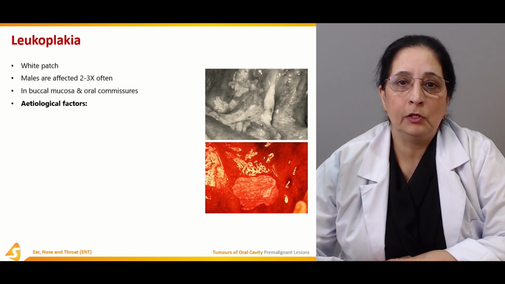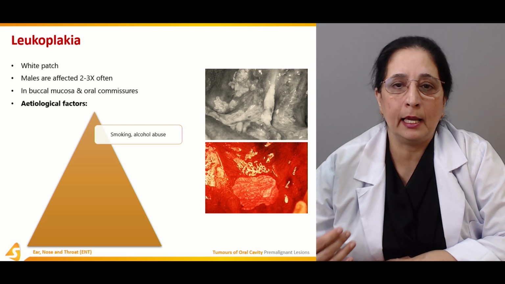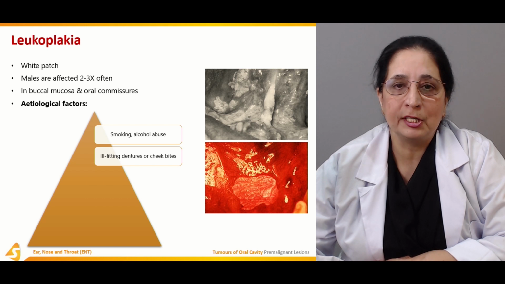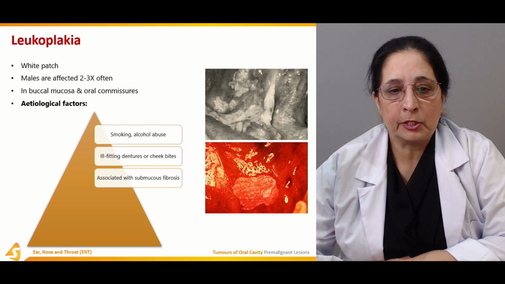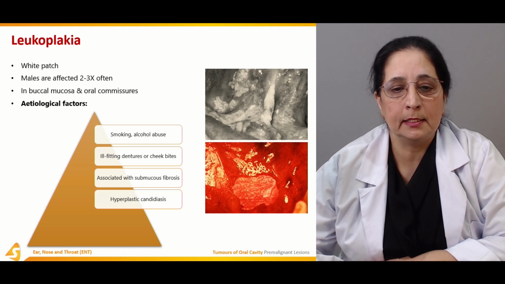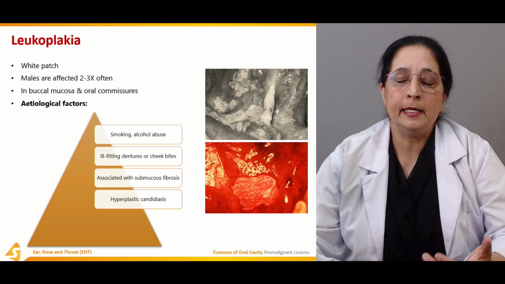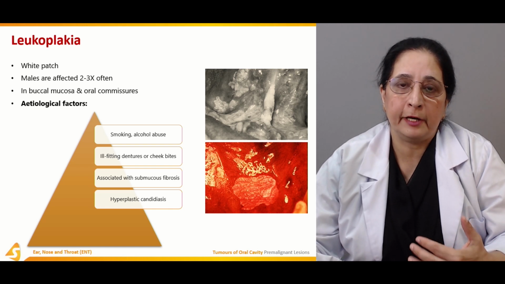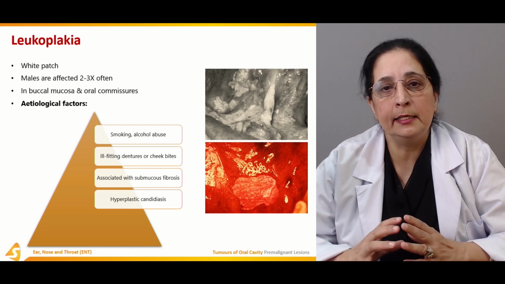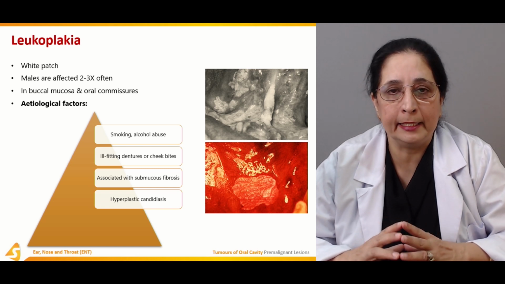Some etiological factors that lead to leukoplakia: smoking, alcohol abuse, ill-fitting dentures or cheek bites, association with submucous fibrosis, and hyperplastic candidiasis. Candidiasis is the fungal infection caused by Candida albicans, and this candidiasis is very commonly associated with leukoplakia.